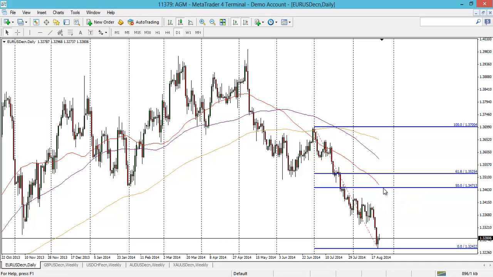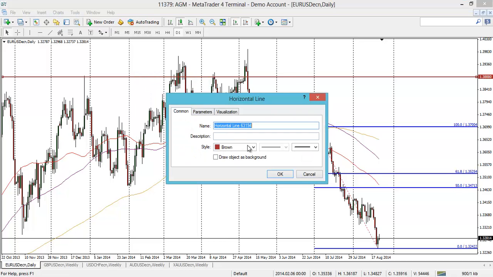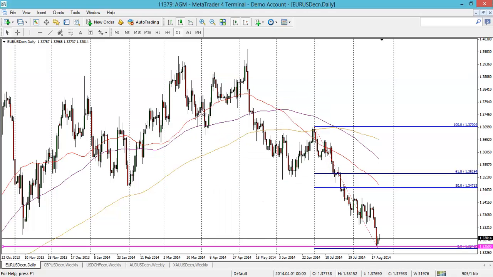And interestingly, the 50-day moving average is coming around there as well. Yesterday's daily candle was quite a nice reversal candle off of the 1.3250s. I'm going to change it to pink for 50 pip increments. So 1.3250, you can see, is key support going into today and the rest of the week really.